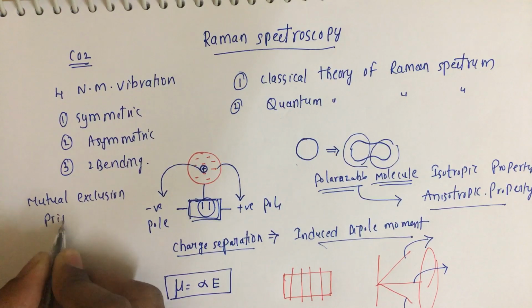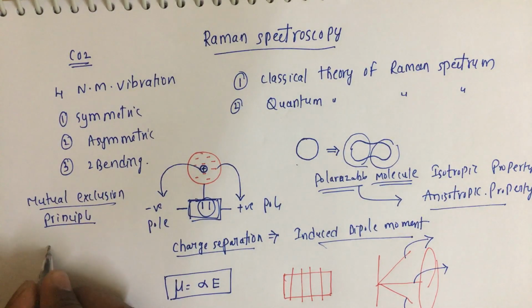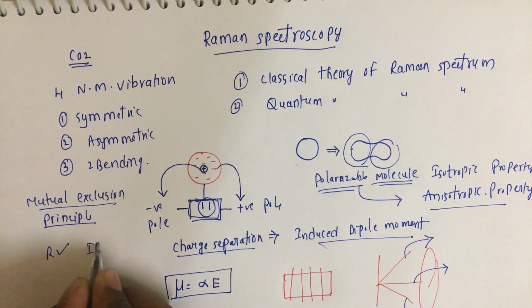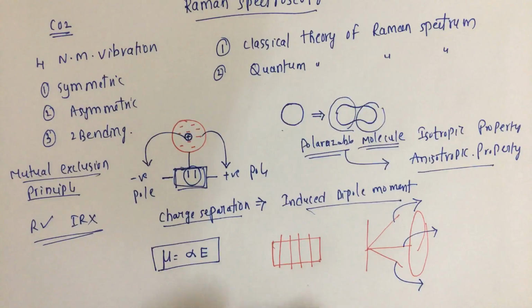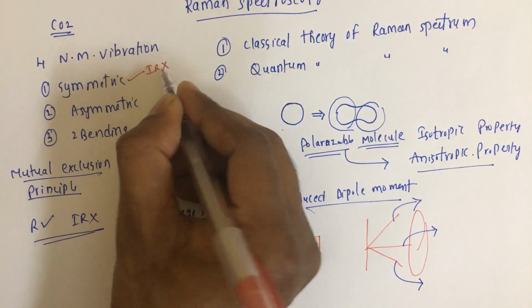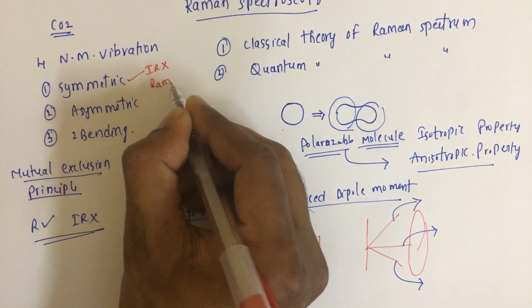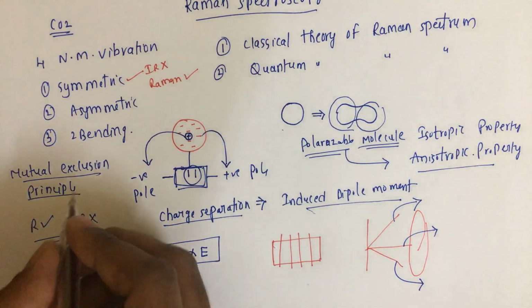So according to this mutual exclusion principle, if a band is active in the Raman, that will be inactive in the IR, and vice versa, right? So we know that this symmetric one is IR inactive but Raman active. This mutual exclusion principle is applicable only for linear molecules.